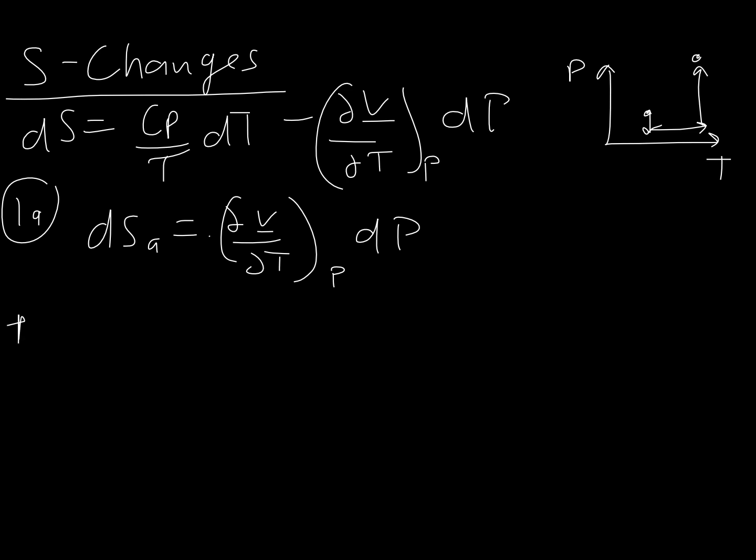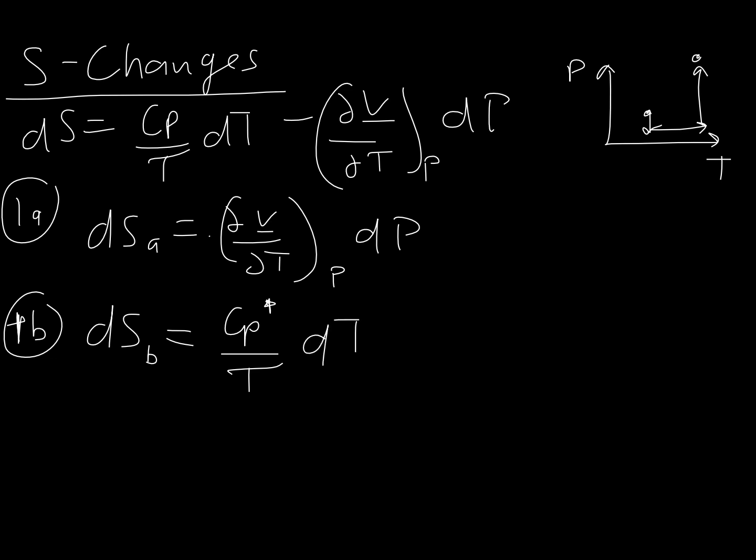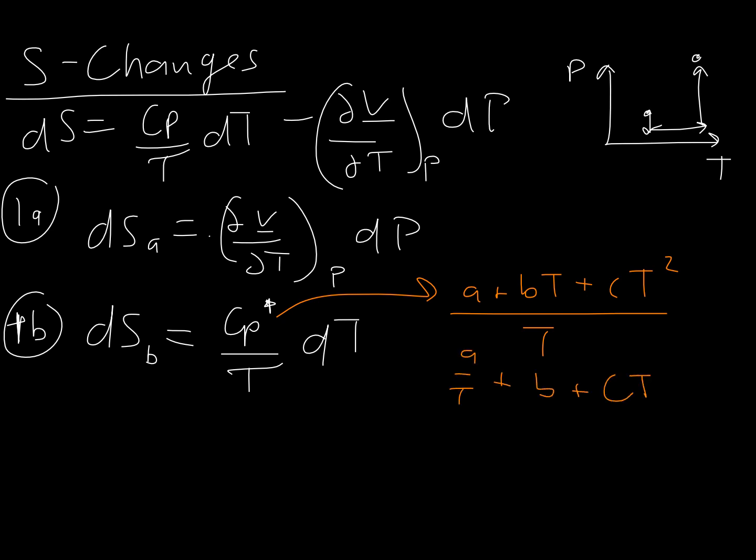Then for 1b, dSb is equal to C sub p star over T dT. And remember that this C sub p star is a plus bT plus cT squared. So when you divide the whole thing by T, we get a over T plus b plus cT. Then we have to integrate this with respect to dT. So this right here will give us a natural log type function.